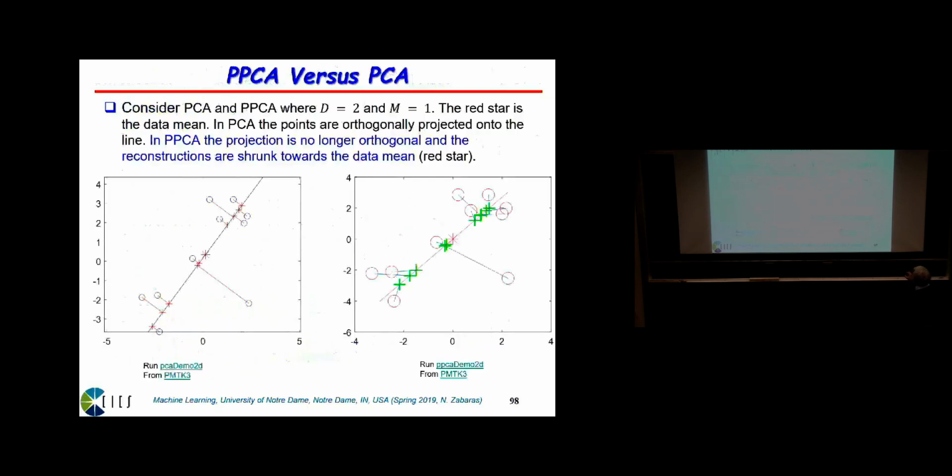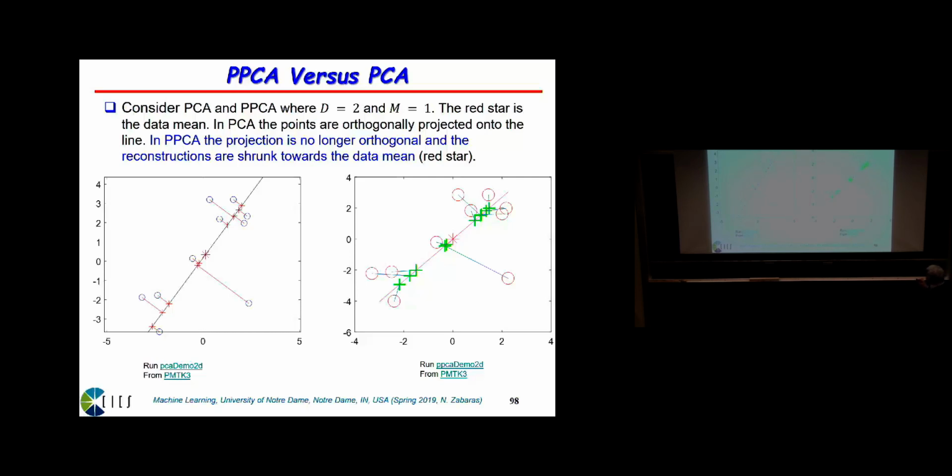So when you do this, you get a regular PCA. What's the difference of probabilistic PCA from regular PCA? In regular PCA, if we look at the projection on this line, that's the first principal component.